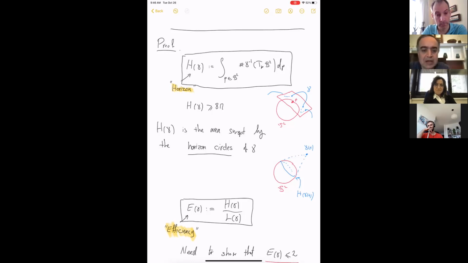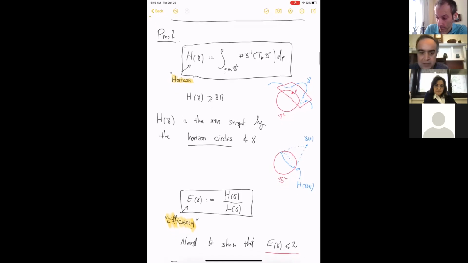Now we can also define this related notion of efficiency. I look at the horizon of my curve and I divide it by the length, then that's like the inspection efficiency. You want to minimize this notion as much as possible.